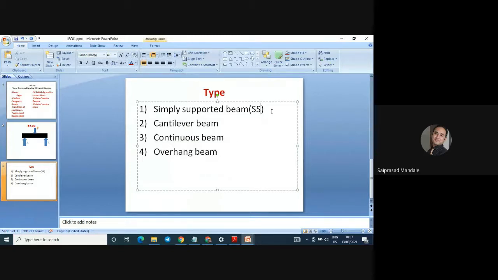So, which beam is called a simply supported beam? Which beam is called a cantilever beam? Which beam is called a continuous beam? Which beam is called an overhang beam?